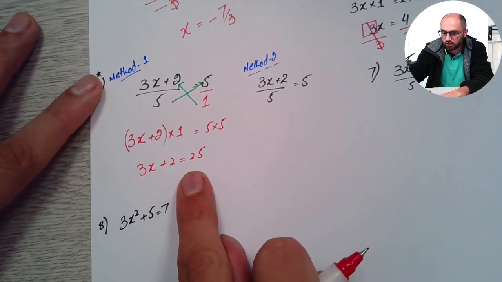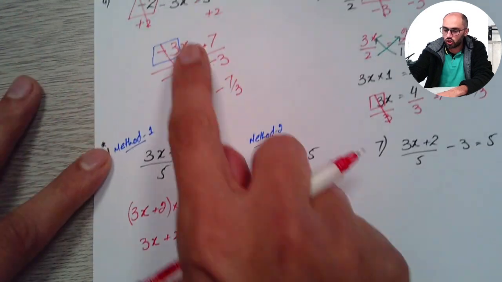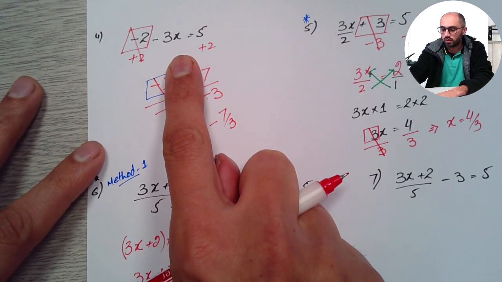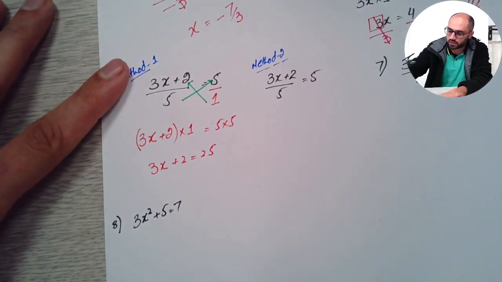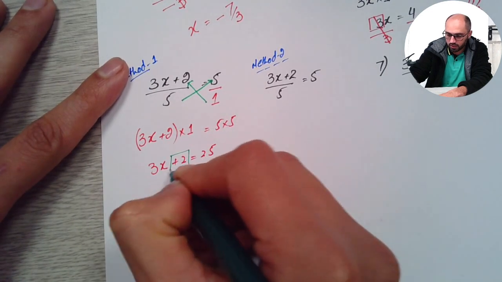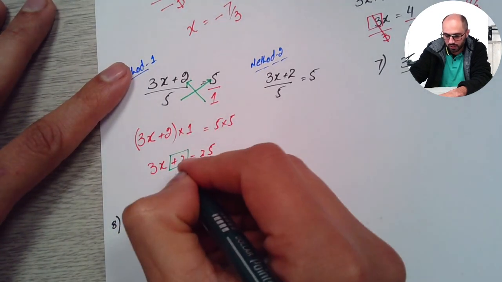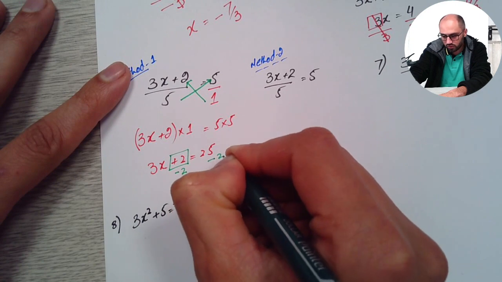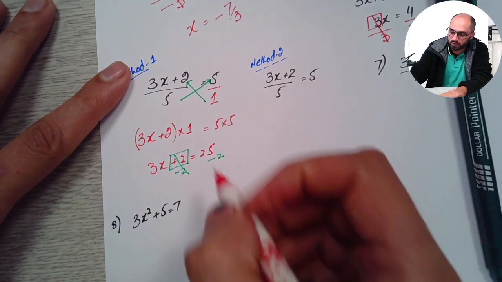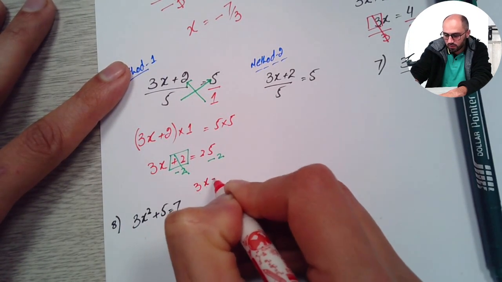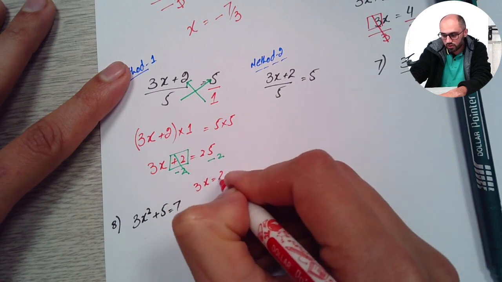Now this question here is similar to this section here. So what I now need to do is first identify that this plus 2 needs to be removed. How? I'll do minus 2 here, I'll do minus 2. This is gone. I'm now left with 3x equals 25 take away 2 is 23.